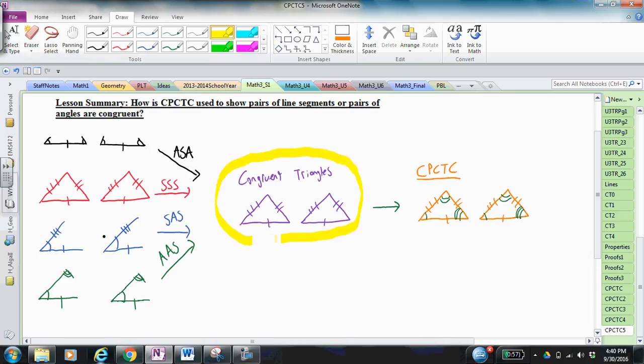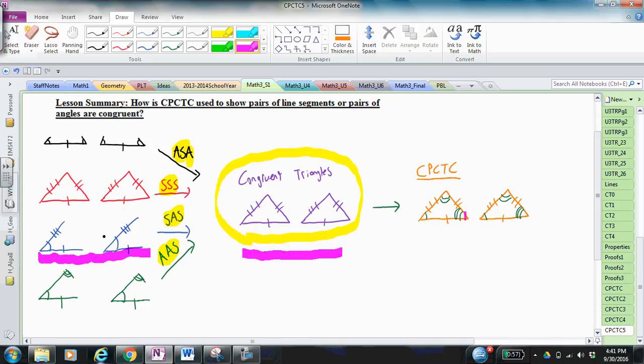Once I've shown that two triangles are congruent by one of those four things, angle side angle, side side side, side angle side, and angle angle side, then I can use CPCTC to talk about the parts that I previously didn't know. So in the blue triangles example, we knew that one side, one angle, and another side was congruent to one side, one angle, and another side. But we could use that to show that the triangles are congruent by side angle side.